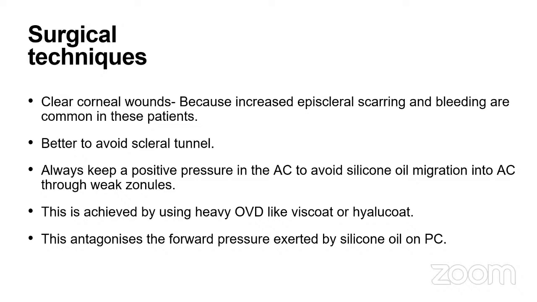So through that gap, silicone oil can migrate into the anterior chamber. So we have to always maintain the positive pressure, and this is better achieved by using a heavy OVD like Viscoat or Healon. And this antagonizes the forward pressure exerted by silicone oil on the posterior capsule.